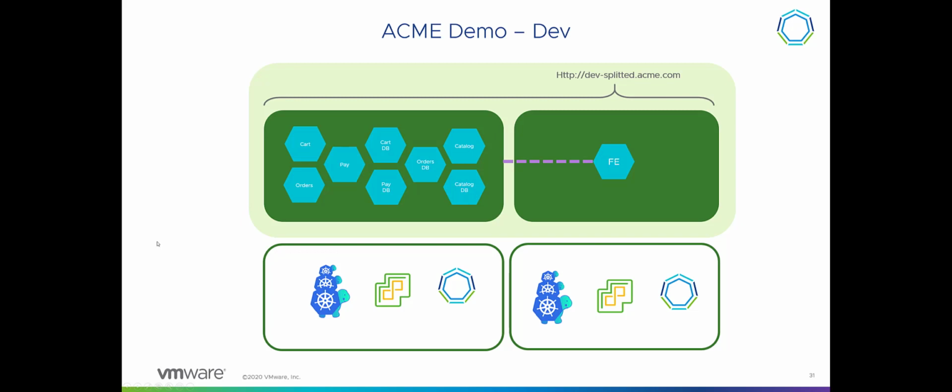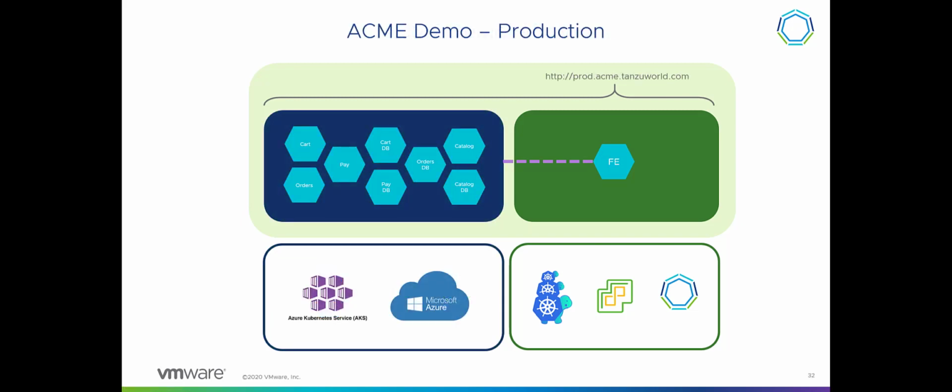Now, moving to the production and the DR environment, we're gonna go to the use case of some unique capabilities from cloud. So the backend services must be installed on Azure, let's say, in our case. So the backend services will be on AKS, on Azure Kubernetes Services, but the front end, just for the resiliency sake, will be installed on one of them.